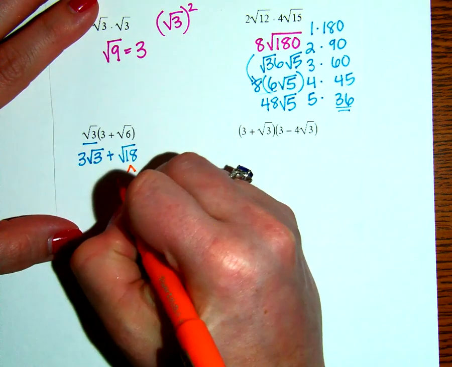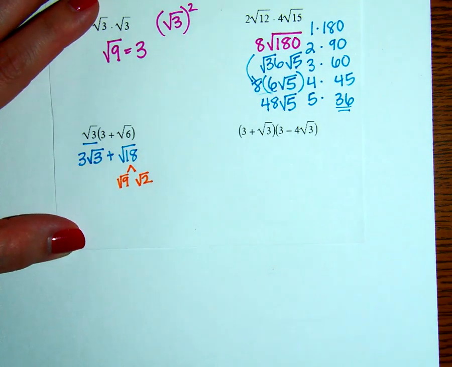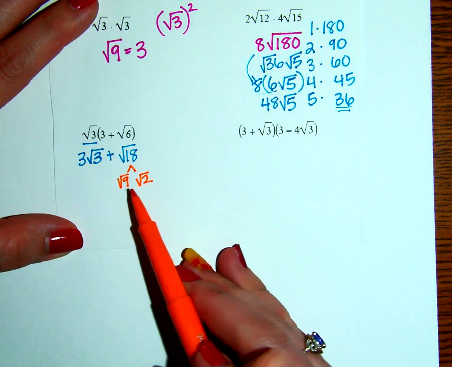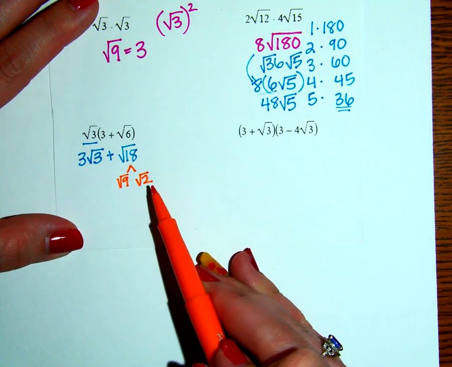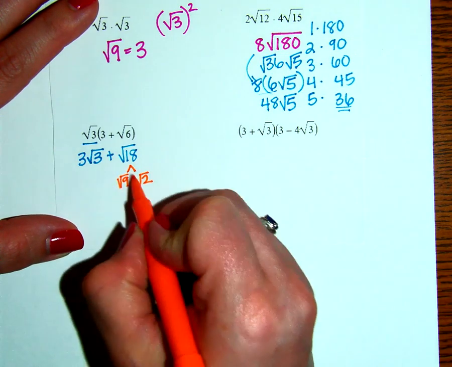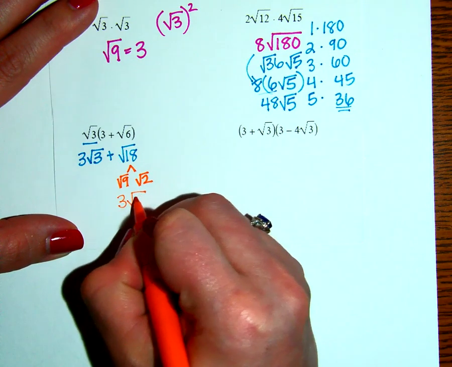I'm going to change this into the square root of 9 times the square root of 2. If you are not sure whether or not that works, 9 is a perfect square. Can 2 break down any smaller? Nope. So I'm going to rewrite this. Square root of 9 is going to become a 3. Square root of 2 does not change.